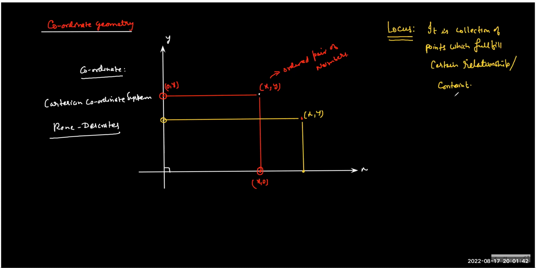Generally it's a collection of points which we call a curve. Now a curve need not be curved. Curve is a generic term in mathematics. So even a straight line is a curve. Don't get confused. A straight line is pretty much a curve.